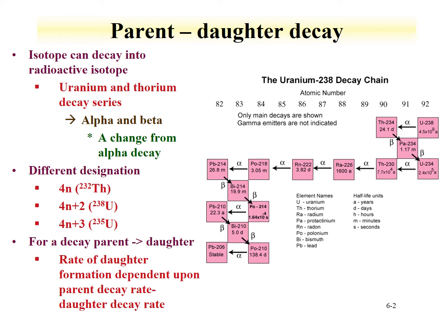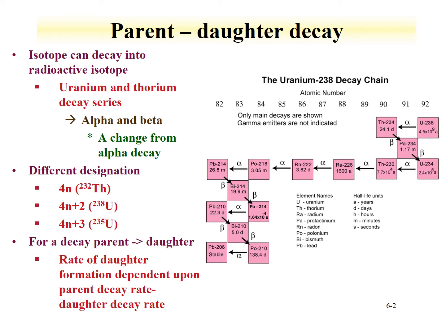There's the uranium-238 series, the uranium-235 series, and the thorium-232 series. These are designated by either 4N, 4N plus 2, or 4N plus 3, where N is an integer.